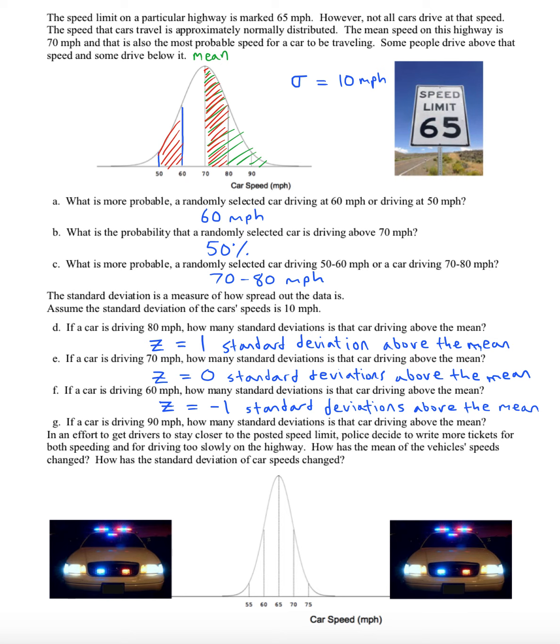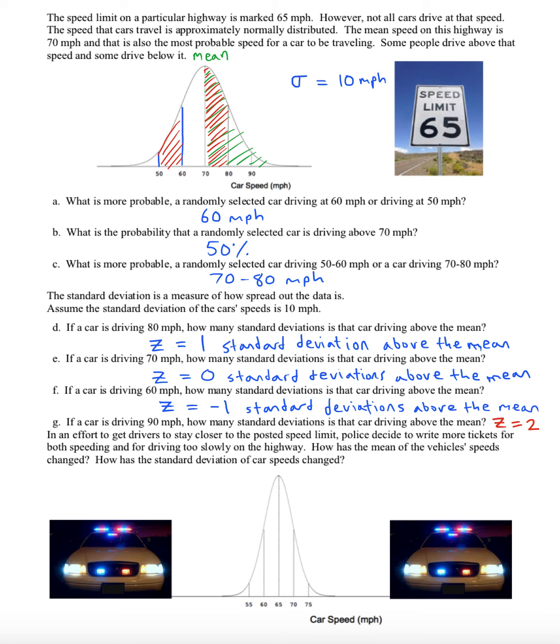Or in other words, 1 standard deviation below the mean. If a car is driving 90 miles an hour, how many standard deviations is that car going above the mean? The Z for this would be 2. 2 standard deviations above the mean.